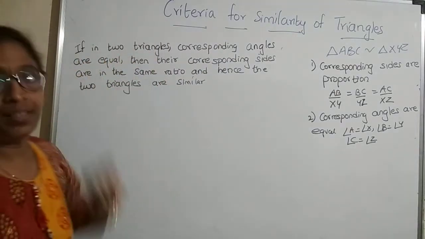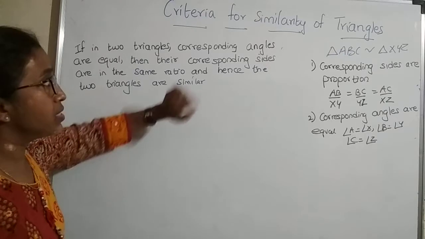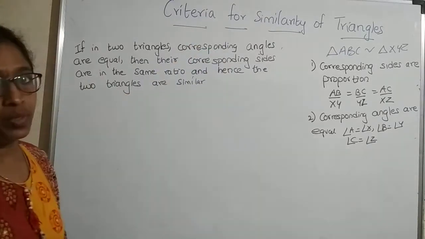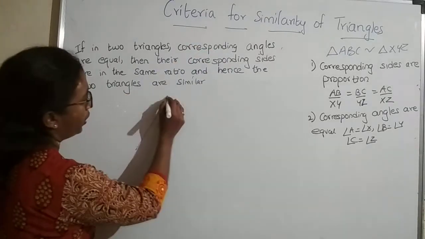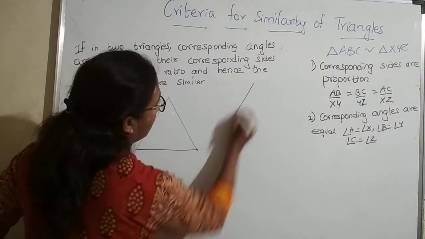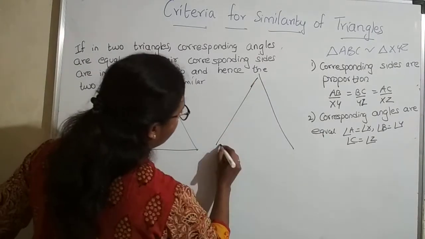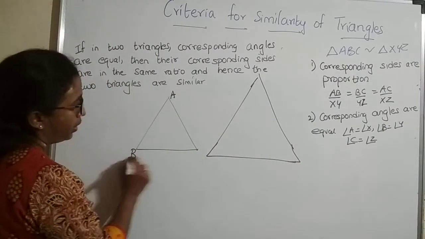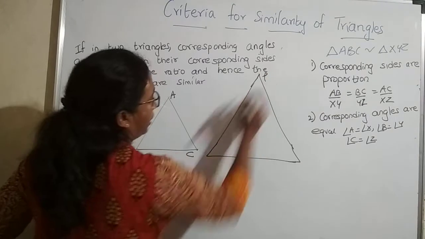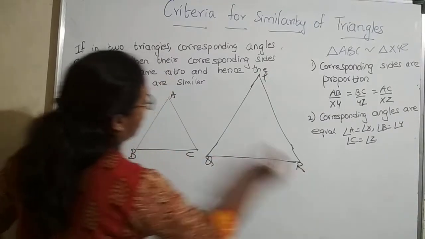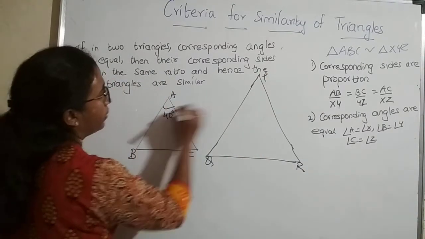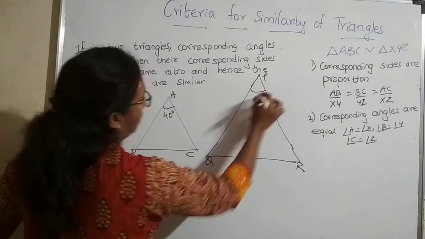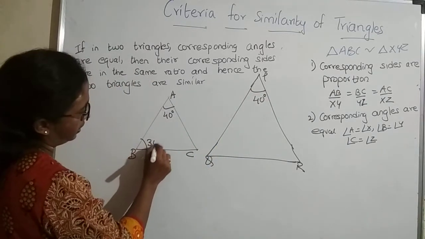If in two triangles corresponding angles are equal, means suppose you have two triangles, students. Here, let me name this triangle as ABC, and I name this triangle as PQR, and this is suppose 40 degree, and this is 40, and this is 30, for example.